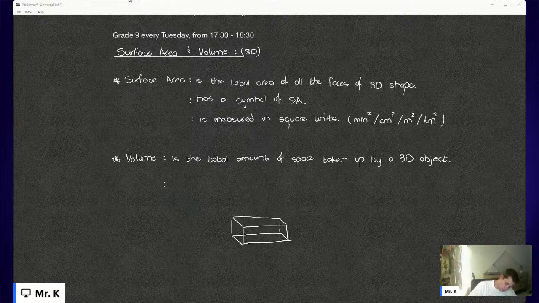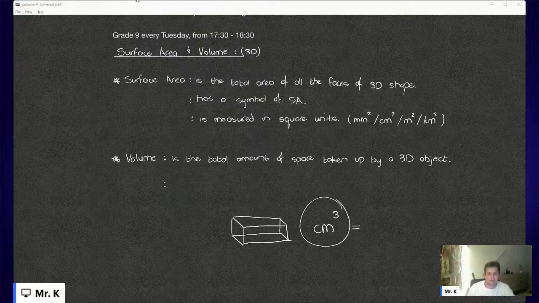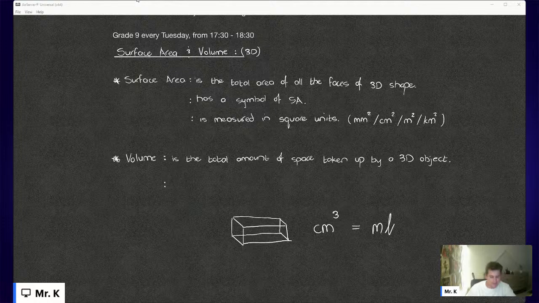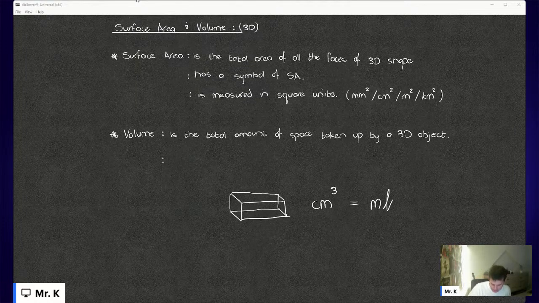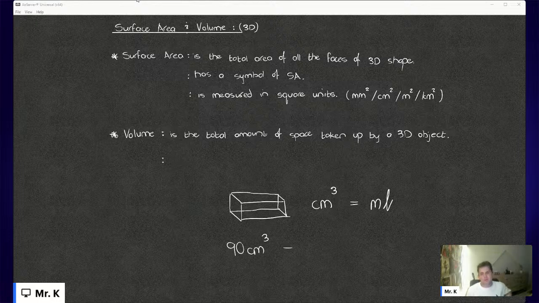It's important for some of you that don't do science. A cubic centimeter, which is quite obviously a unit of measurement for volume, is equal to a milliliter. So when I say that something has a total of 90 cubic centimeters, the reason why I brought up fluid or filling something with water is because some people prefer to think of this as filling an object with 90 mils of water.